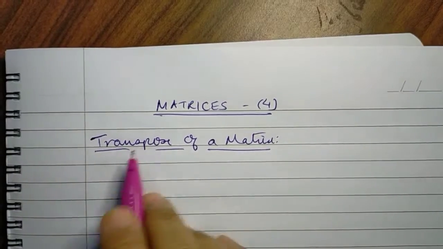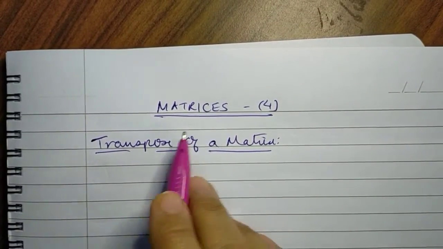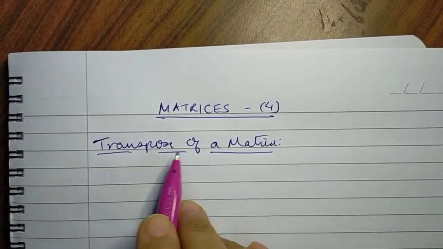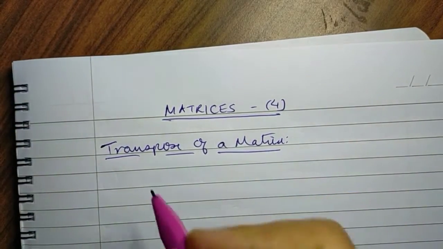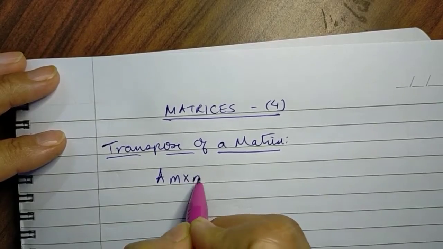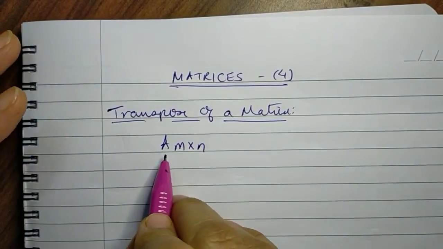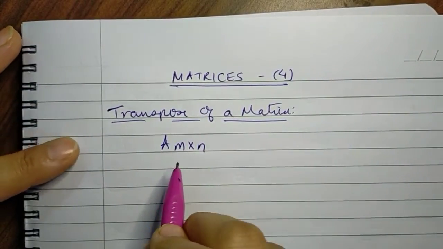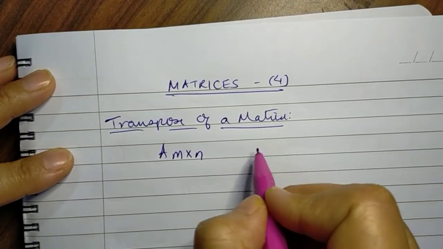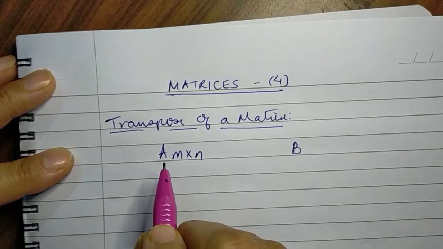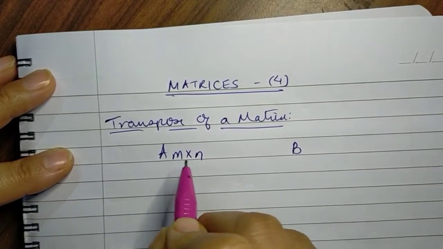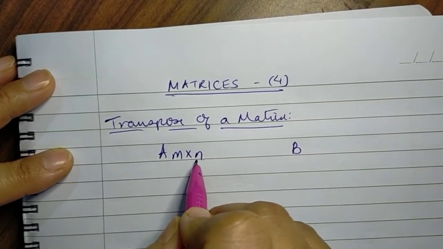Hello students, today we will be taking up the next topic of matrices, which is transpose of a matrix. Now by transpose of a matrix, let's say we are given any matrix of order m by n. By transpose we mean another matrix which is obtained by interchanging the rows and columns of that matrix.